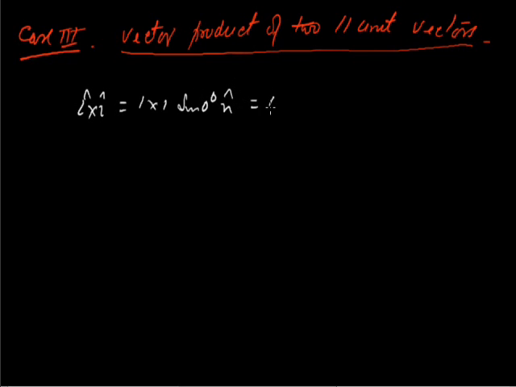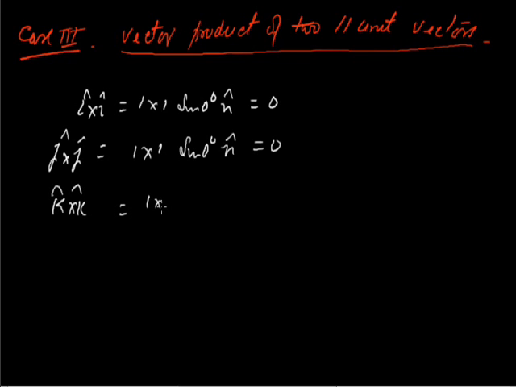Because sine 0 is 0, that's 0. Same thing, j cross j will be 1 into sine of 0 n cap, that's 0. Again k cross k is 1 into sine of 0 n cap, that's only 0.